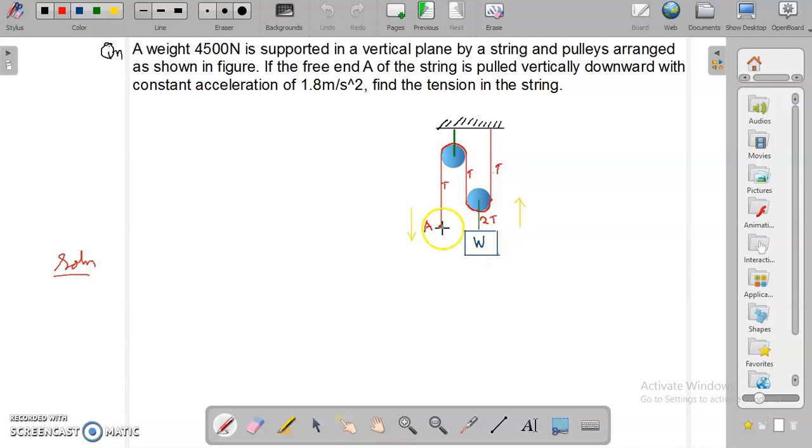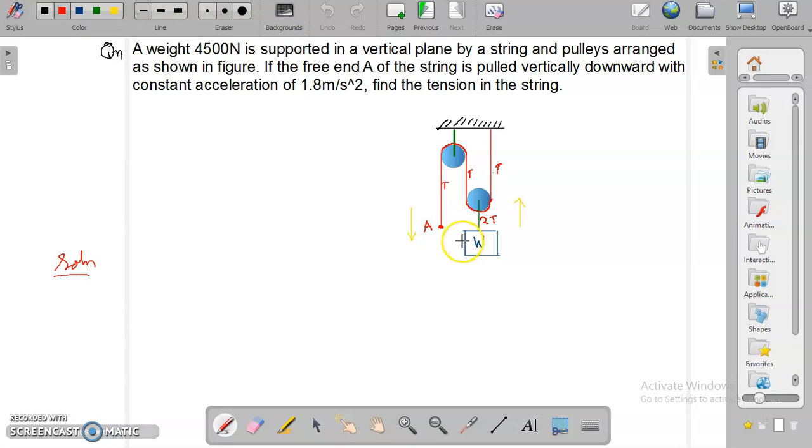To lift the weight W, we need only W by 2 over here.